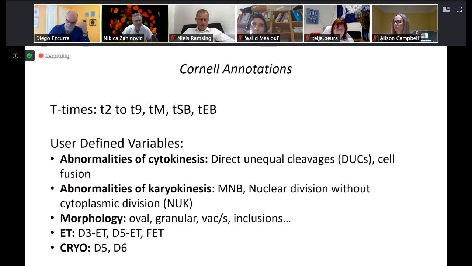We like to look at abnormalities of cytokinesis, especially DUC, which I will explain a little further, cell fusion, abnormality of karyokinesis, like multinucleated blastomeres or nuclear division without cytoplasmic division, which we call NUC. We also observe morphology. We annotate if it's transferred and on what day, and we also annotate all the cryos. So we have a complete picture of every embryo of every patient.